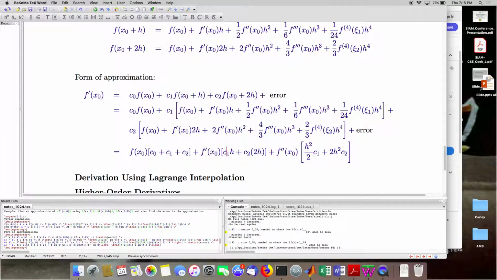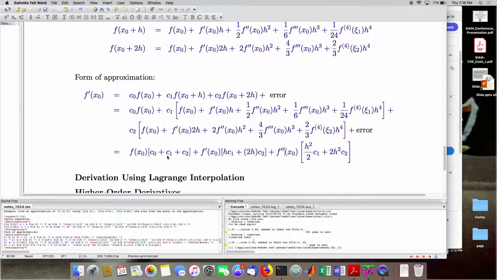Actually, I'm going to rearrange this for consistency: hC1 and 2hC2.